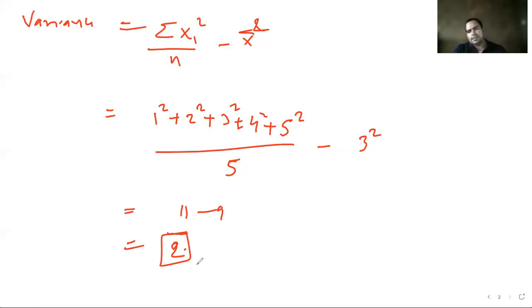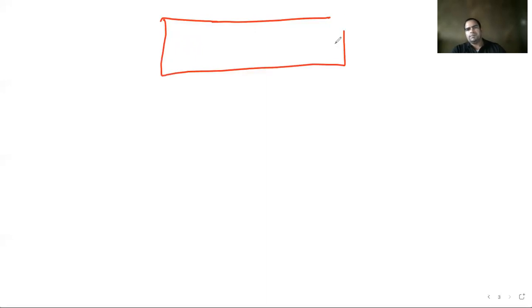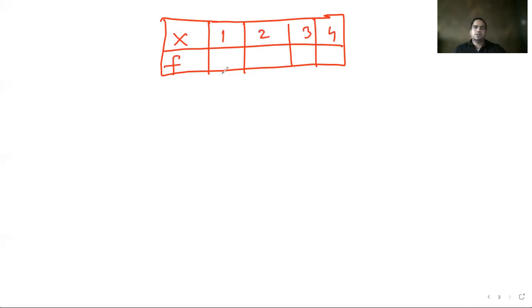Now, what is really interesting and important is you should know how to do it even with a frequency table. So I'm going to show how that formula is different when you are given a frequency table. Let's say I have the x values and corresponding frequencies. Let's say x is 1, 2, 3, 4 and the corresponding frequency is 3, 6, 2, and 5.